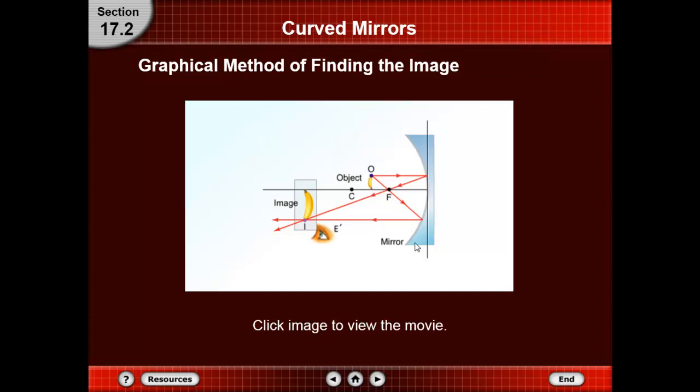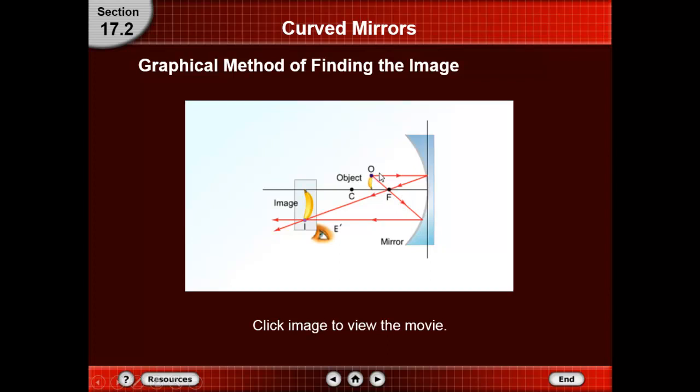Did you see this object? When the object is between these two points, C and F, the image of this object will be formed by this shape. How is this image formed? At the beginning, any object gives me two rays: one parallel to the principal axis and the other passing through the focal point.